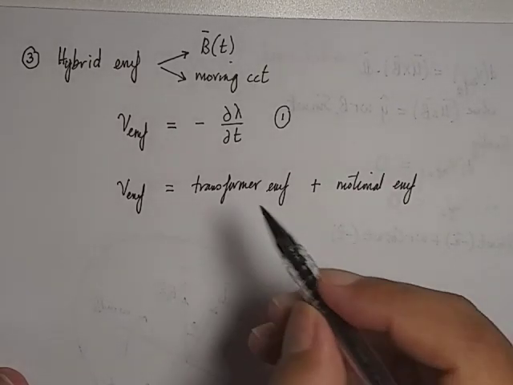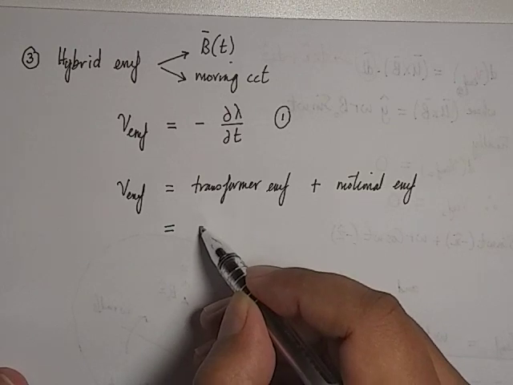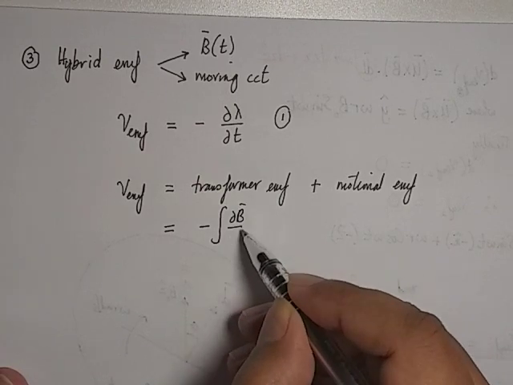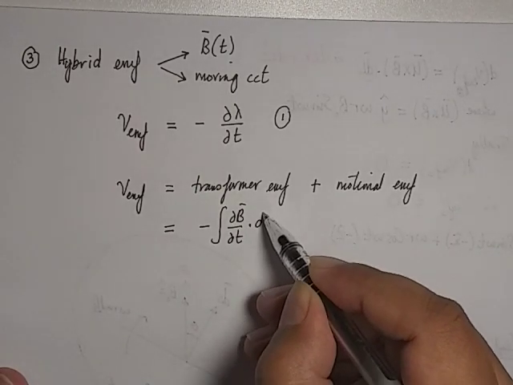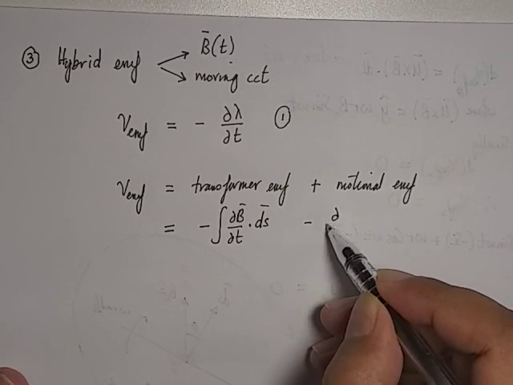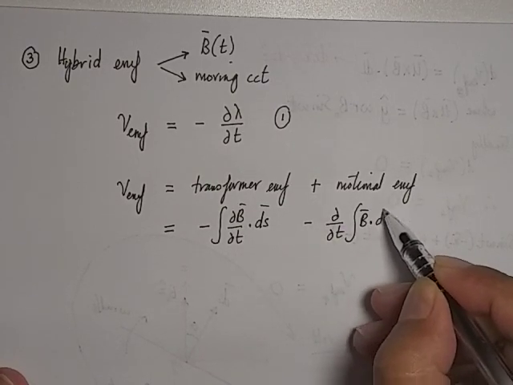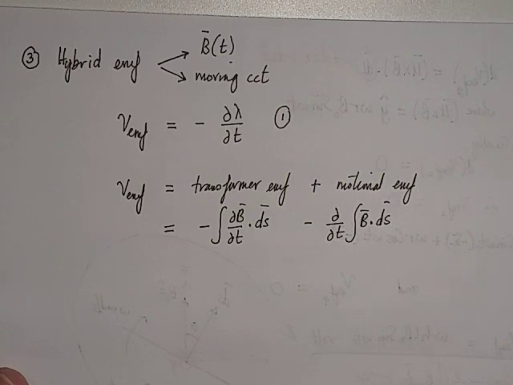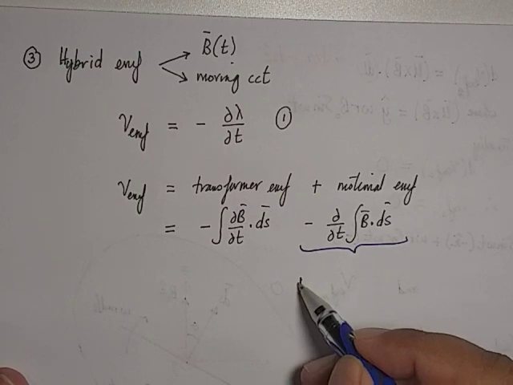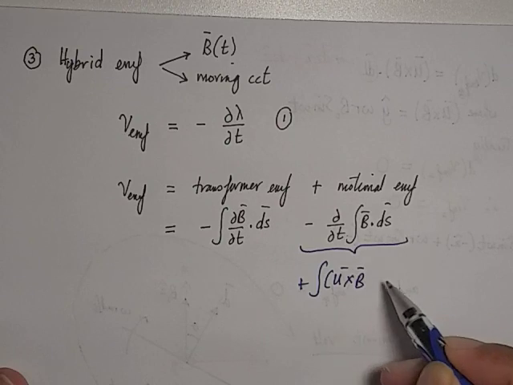To relate to the equations we derived before, the transformer EMF is very simple: negative the integration of dB over dt dot ds. Then, if I use the first equation, it is negative d over dt of the integration of B dot ds, or I can use the second equation, plus the integration of u cross B dot dl.